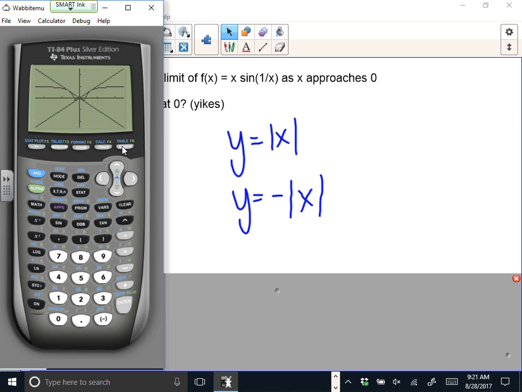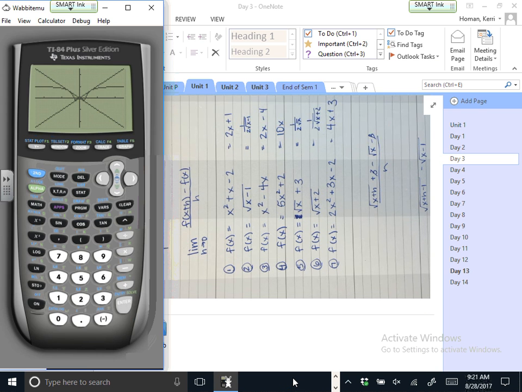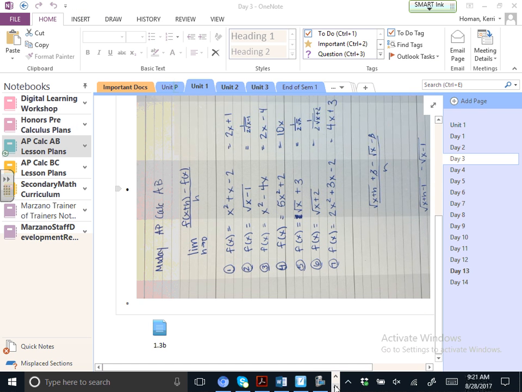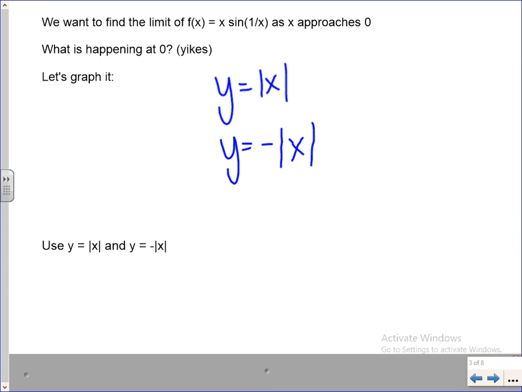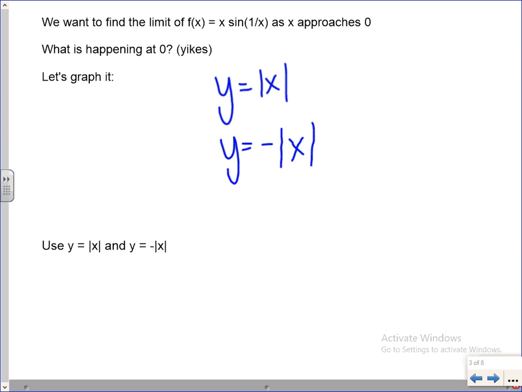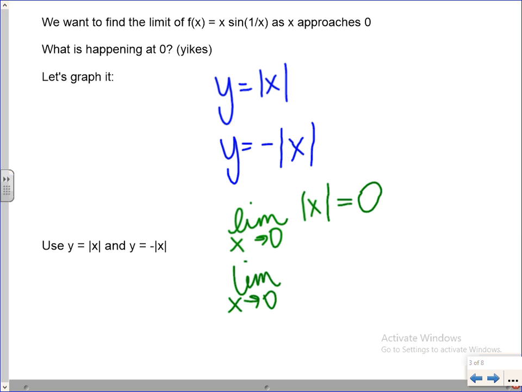Okay, so this is what we know. We know the limit as x approaches 0 of the absolute value of x would be 0. We know the limit as x approaches 0 of negative absolute value of x would also be 0.